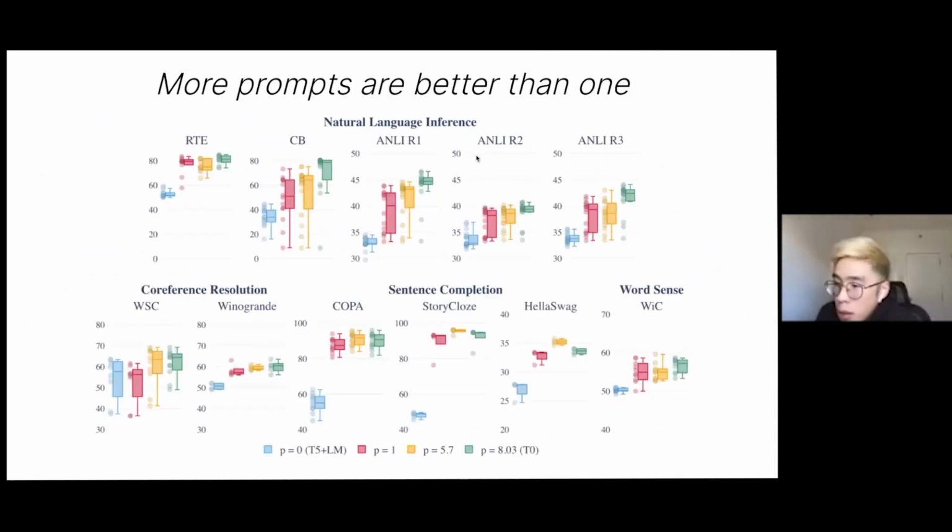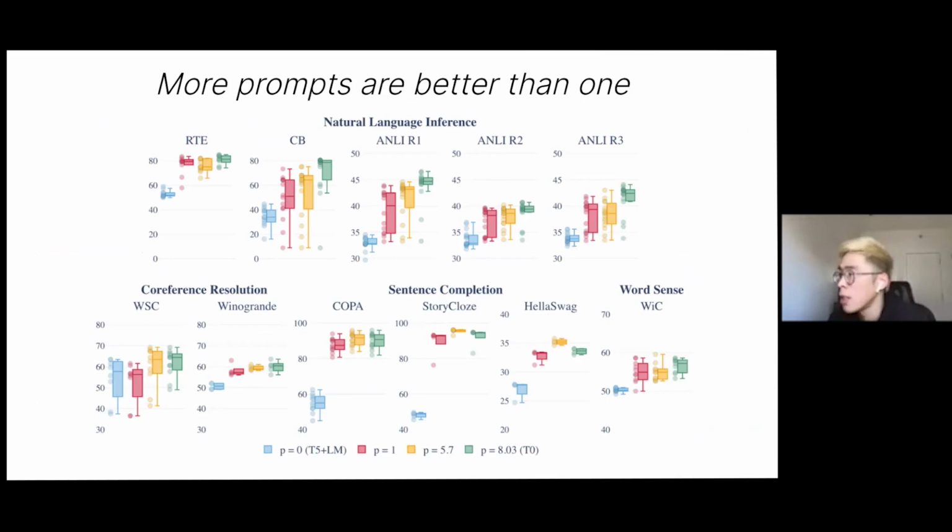We ran a couple of analyses on the number of prompts, and also on the number of data sets in the training mixture. This is a very complex graph, but the overall message is that more prompts are better than one. For a given data set, we wrote between 5 and 10 prompts.